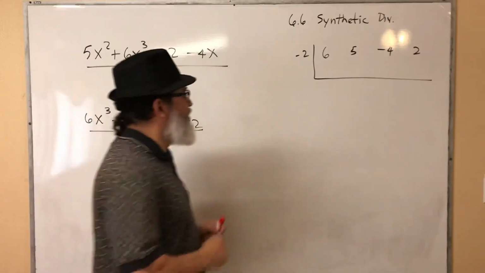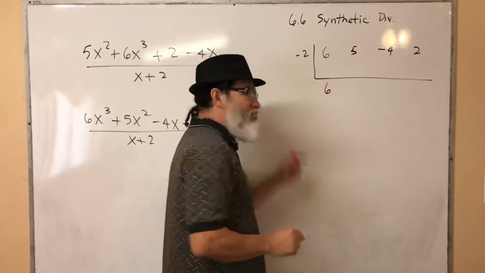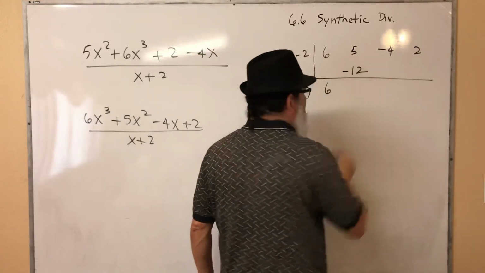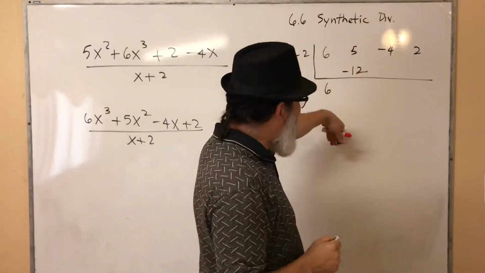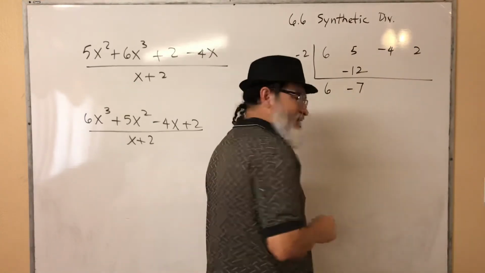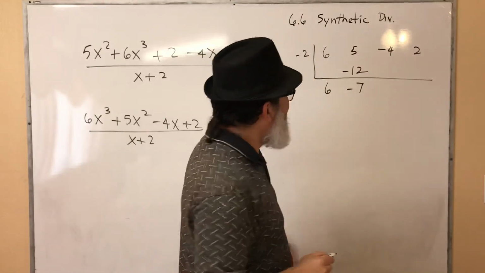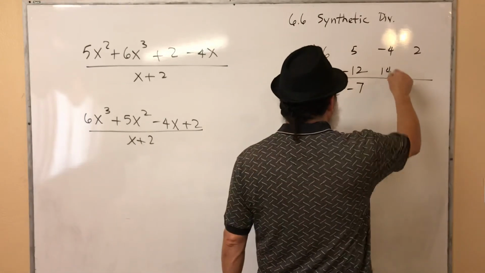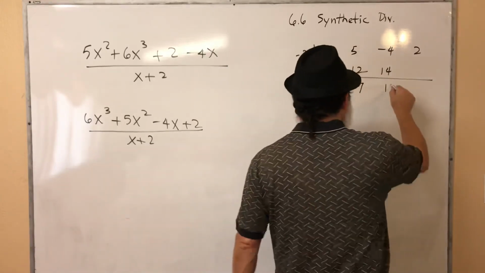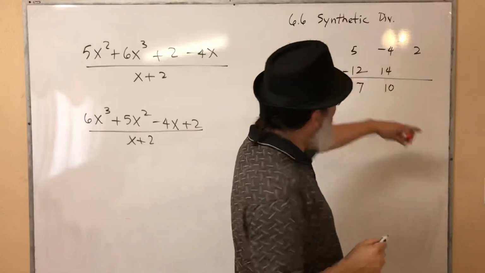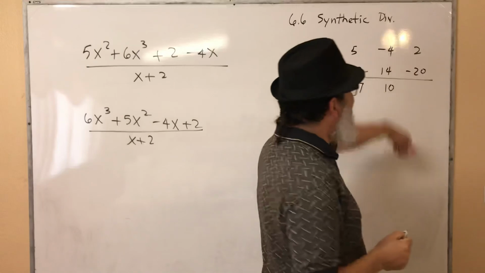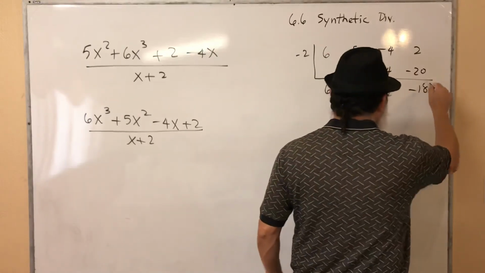Bring down a 6, multiply a negative 12, add a negative 7, multiply a 14, add a 10, multiply a negative 20, add a negative 18.